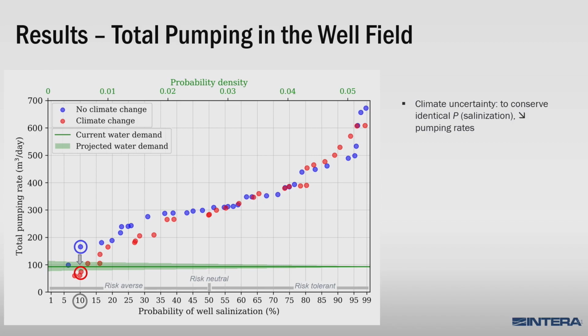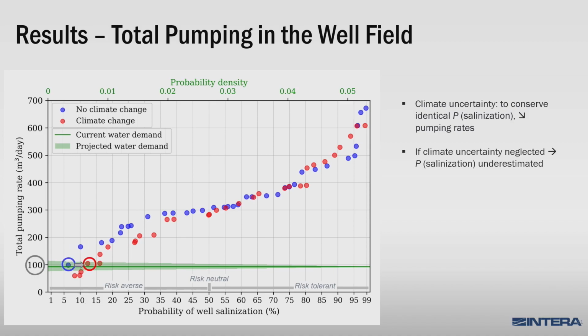So first of all, when we consider climate uncertainty, to conserve identical probabilities of salinization in the well fields, the pumping rates must be lowered. So this is what I'm showing here. If we want to keep a probability of salinization of 10% in the well fields, the pumping rate must be divided by 2.